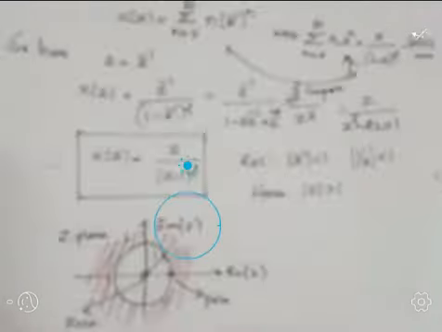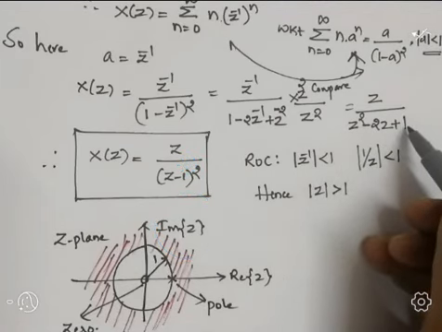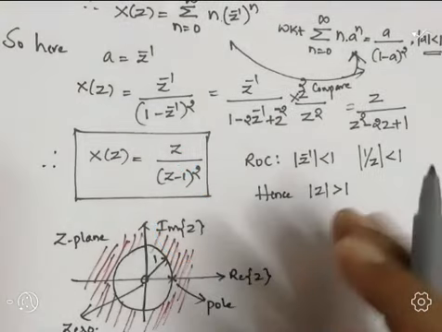So it is again a square minus 2ab plus b square, and we can write z minus 1 whole square.